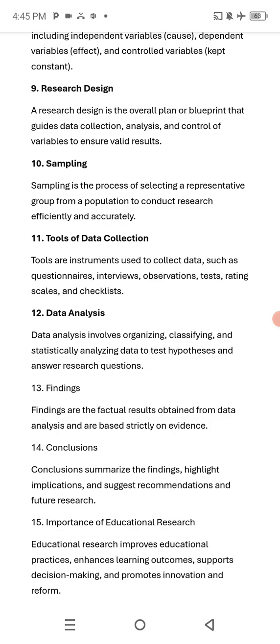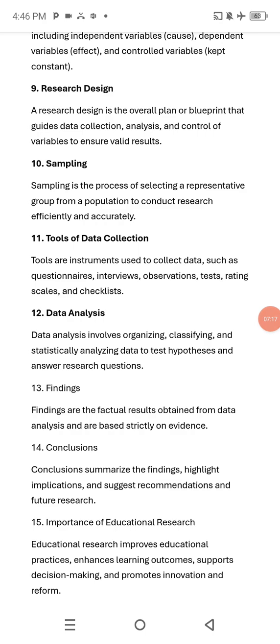Because when you use your tools to collect data, you have to analyze the data. So data analysis involves organizing, classifying, and statistically analyzing the data to test the hypothesis and answer the research question.